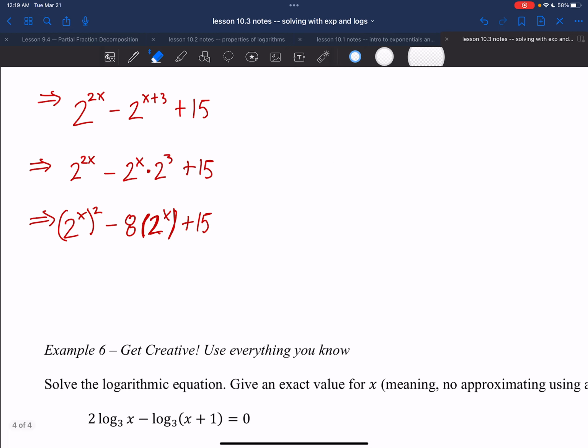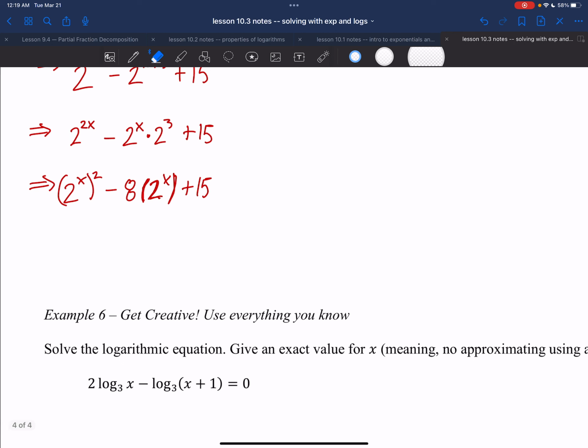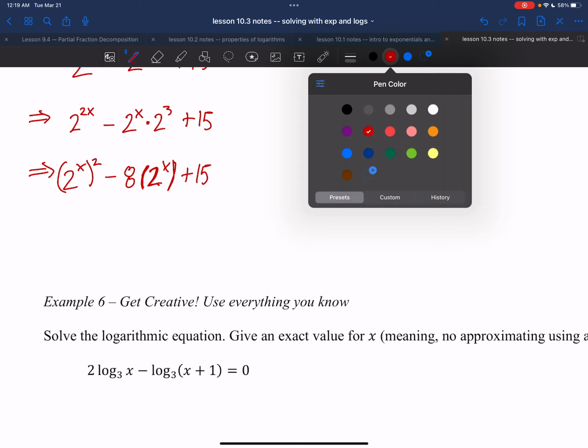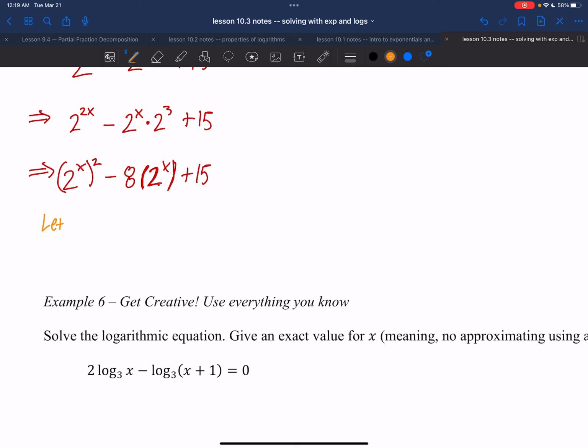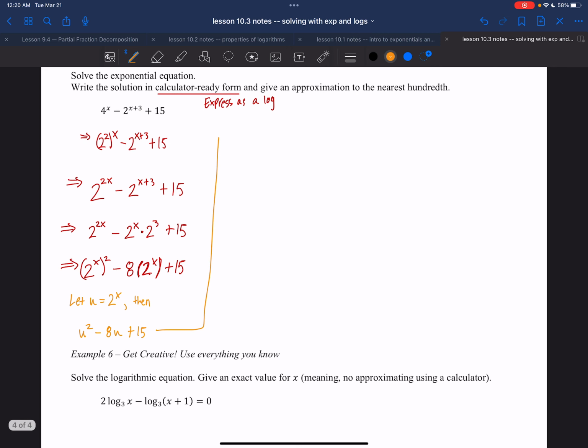So you see how I've manipulated this, right? I've just played around with the exponents. That is factorable like a quadratic. Let me show you. Let u equal 2 to the power of x. Then 2 to the power of x, squared, is u squared, minus 8 times 2 to the power of x is 8u, plus 15. Look at that.